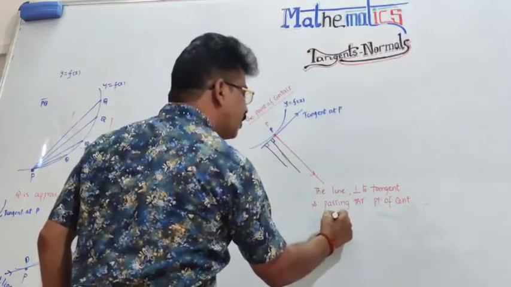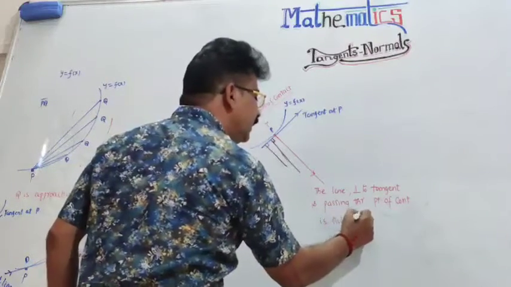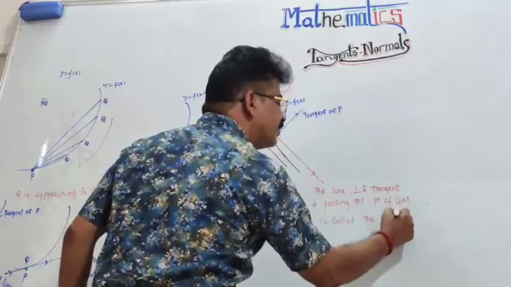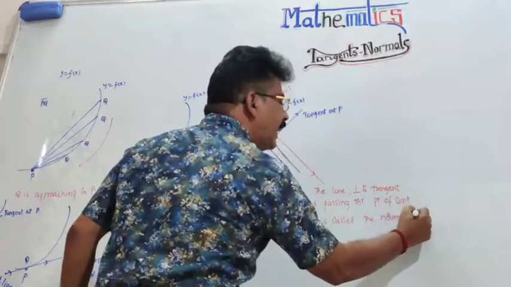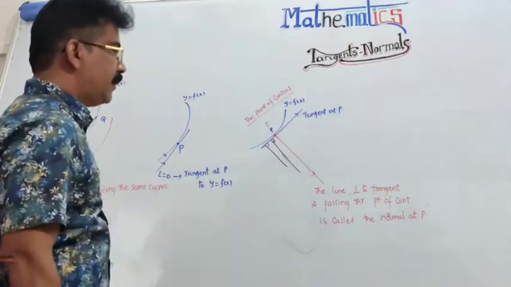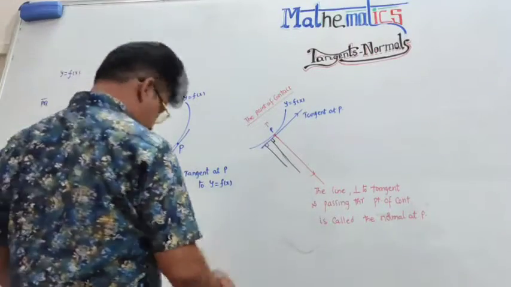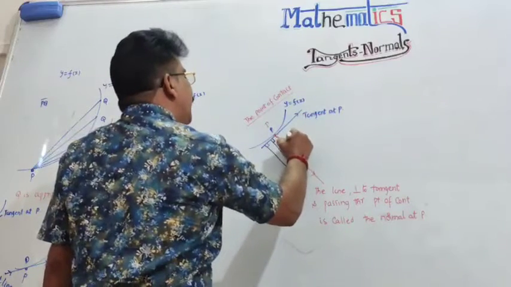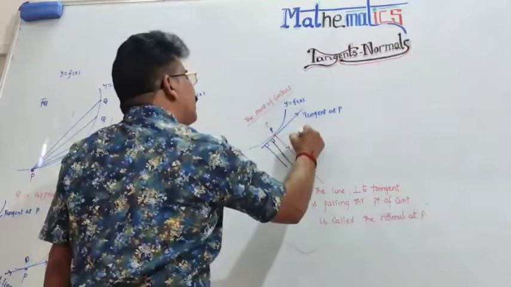It is called the normal, the normal equation, normal at capital P. So therefore this line is called tangent at P, and this line is called normal at P.